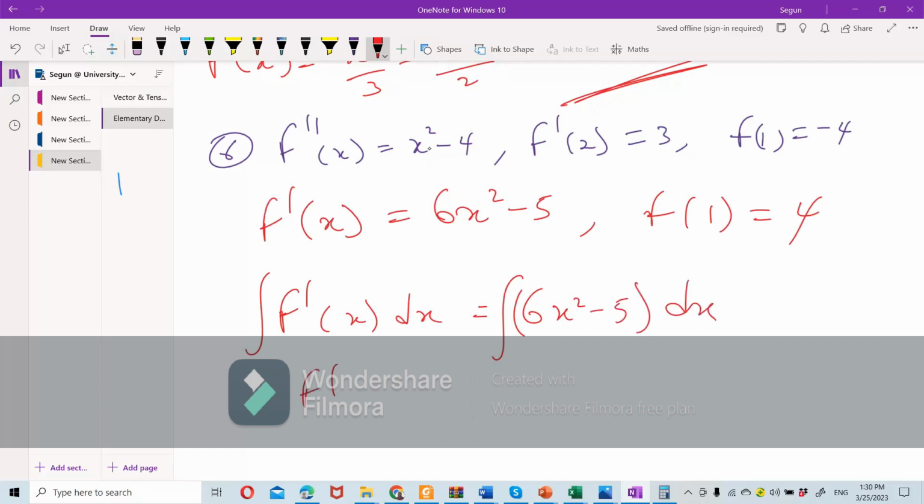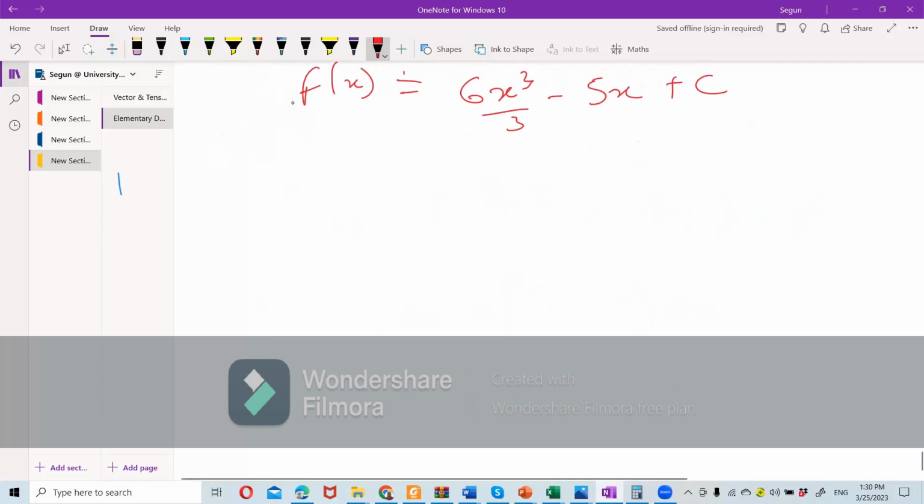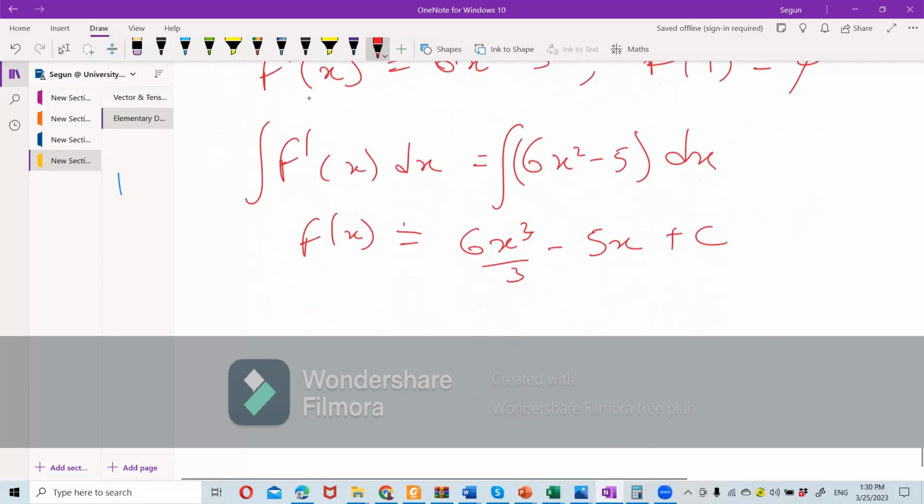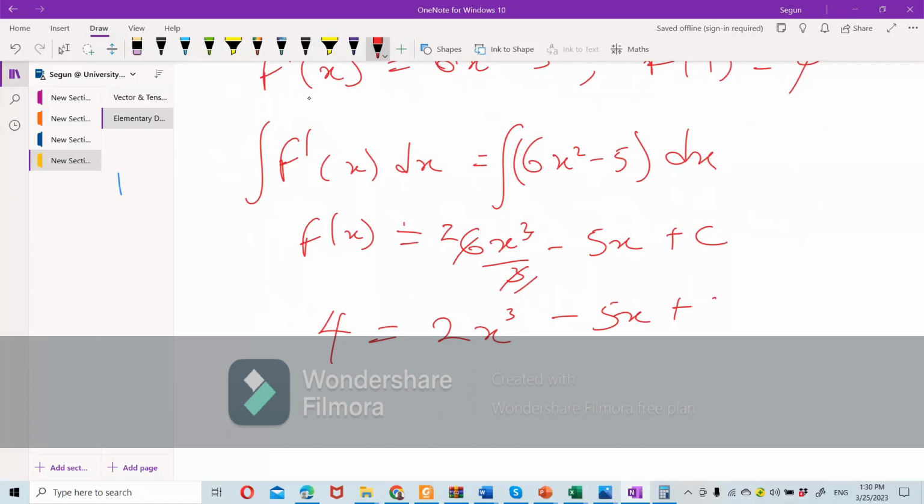So here you have f of x equals 6x cubed divided by 3 minus 5x plus c, which is 2x raised to power 3 minus 5x plus c.